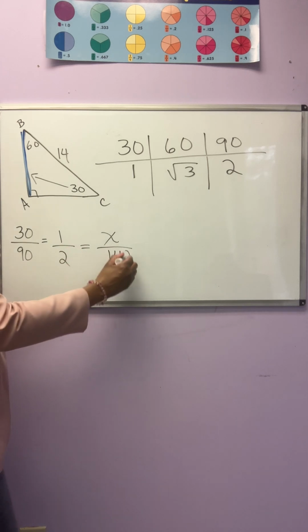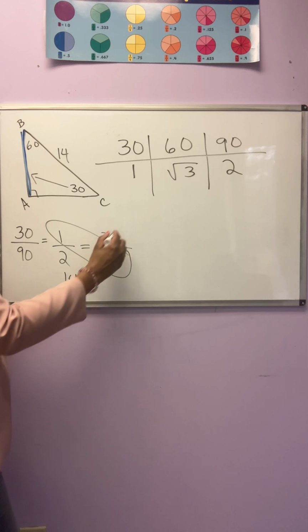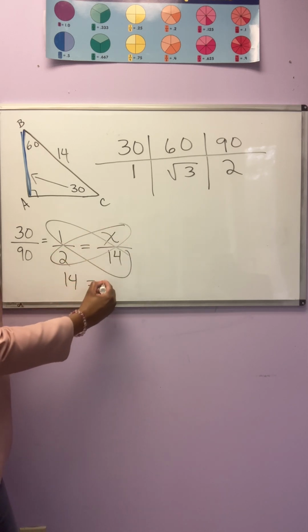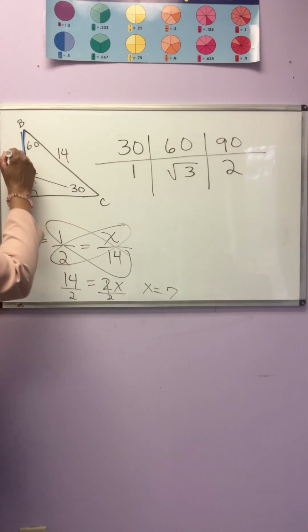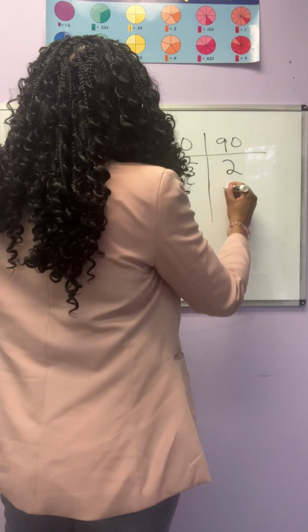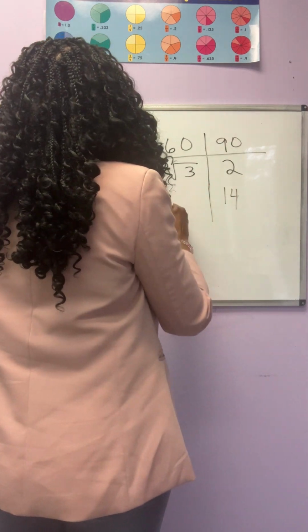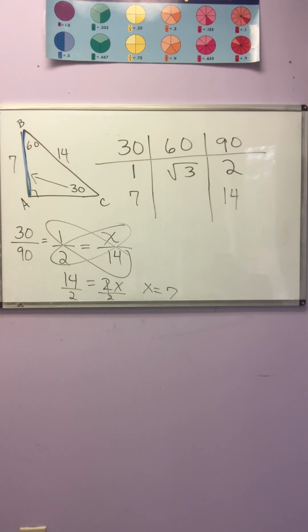We can cross multiply. 1 times 14 is 14, 2 times x is 2x. Divide by 2, and we get x equals 7. So this leg is 7. You should have been able to see that if this is 14, the one across from the 30 is just half of it, so that is 7.